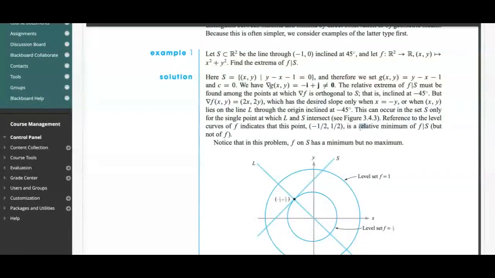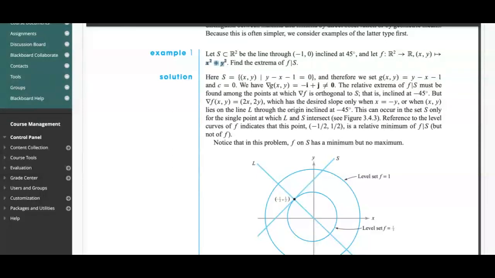Why is it a local minimum of f restricted to S? You can go back to the function, or you can use a second derivative test. What is the -i, j? You forgot?